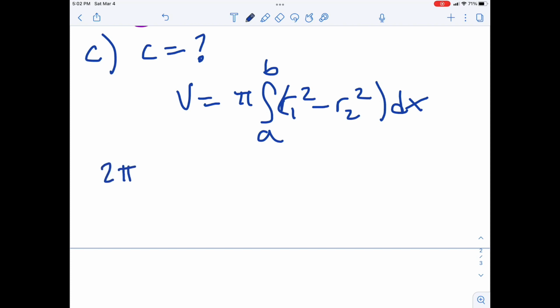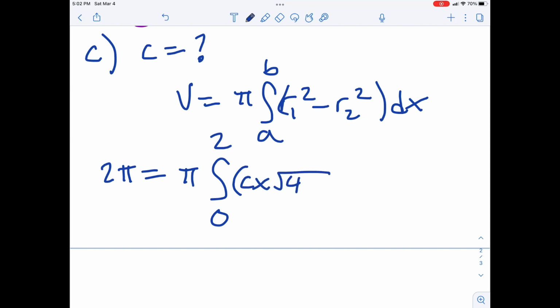We know 2 pi is our volume, and this equals pi times the integral. Above we calculated that this function will equal 0 at 0 and 2. And my radius is just the y value that we were given, so we have cx times the square root of 4 minus x squared dx. That's my r squared.